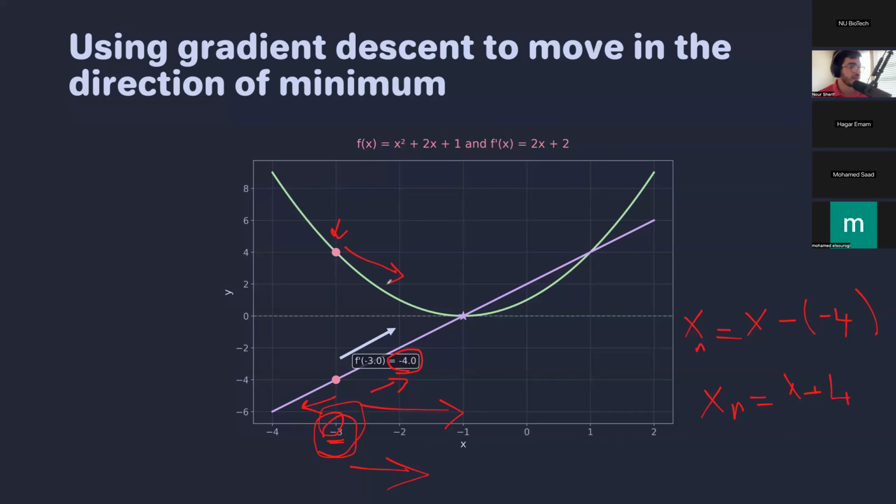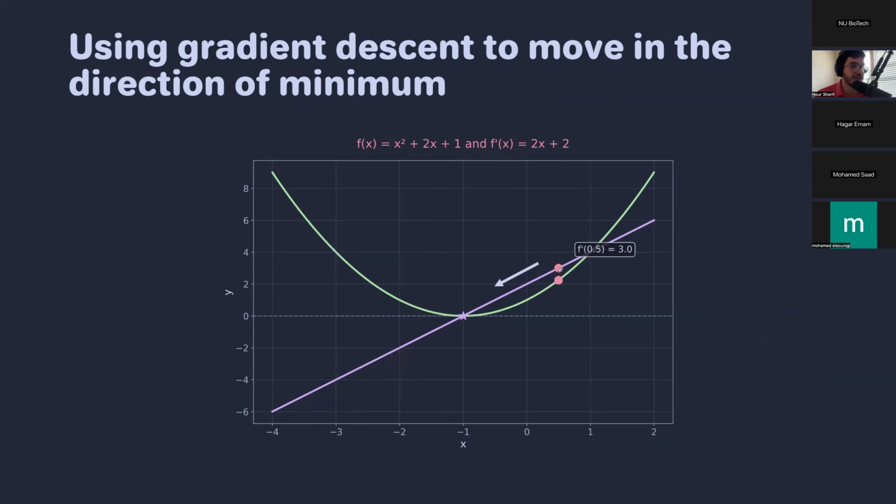Okay? And then the opposite is also true. Let's say you have a weight that is at this point, at x equals 0.5 or something. You calculate the derivative of this point, and it's 3. So in order to know which direction to go, you calculate the x new, which is exactly your x old, the 0.5, minus the value of this derivative, which is 3, right?